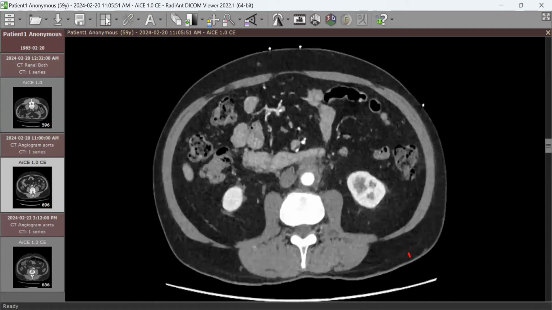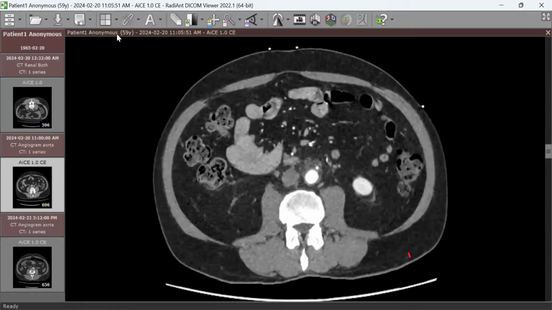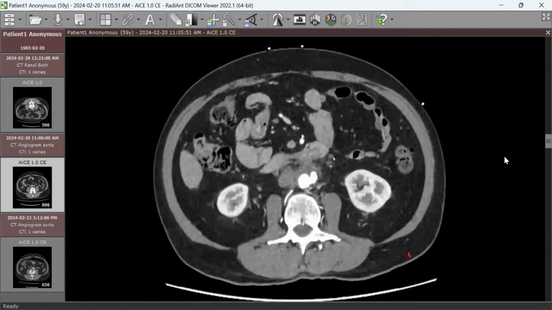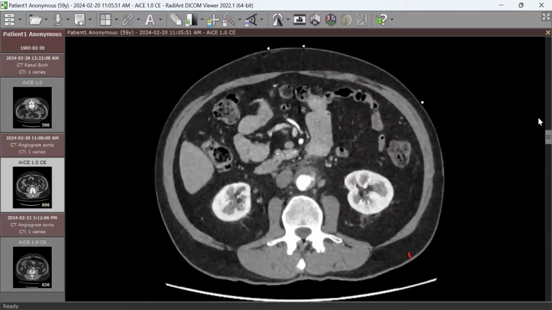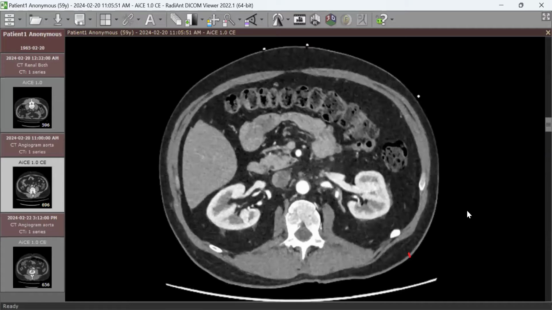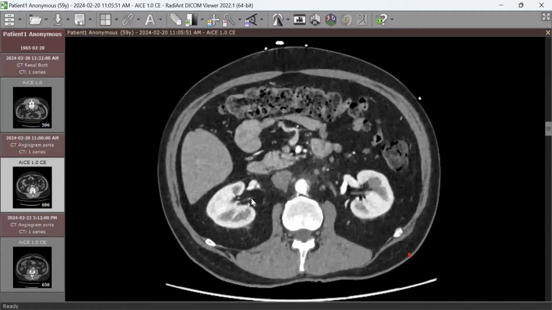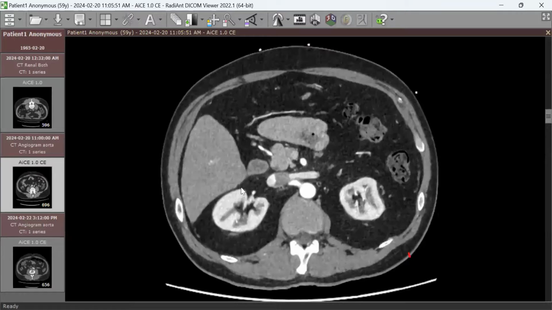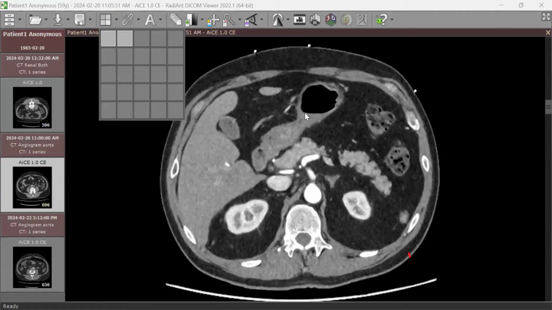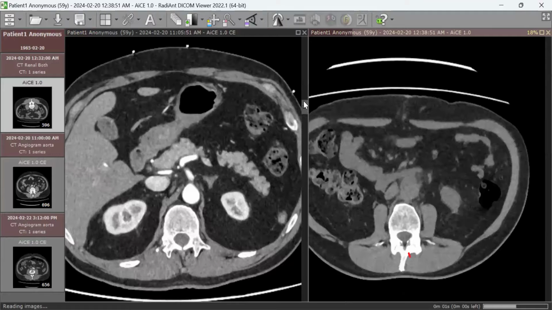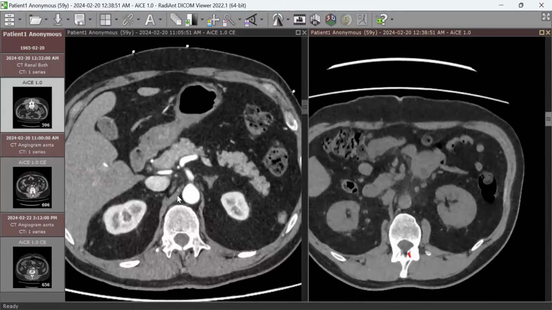Show the previous one. The calcification here was there.